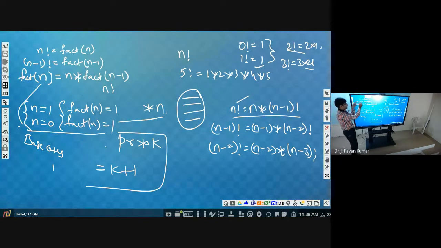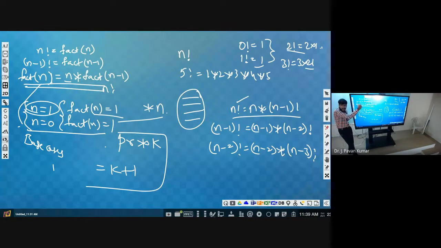Starting from this generalized formula, we will be going in reverse. In order to calculate n factorial, we calculate n minus 1 factorial. Then to calculate n minus 1 factorial, we calculate n minus 2. Like that we are going in reverse. Then first what will we calculate? 1 factorial, which is known to us as 1.